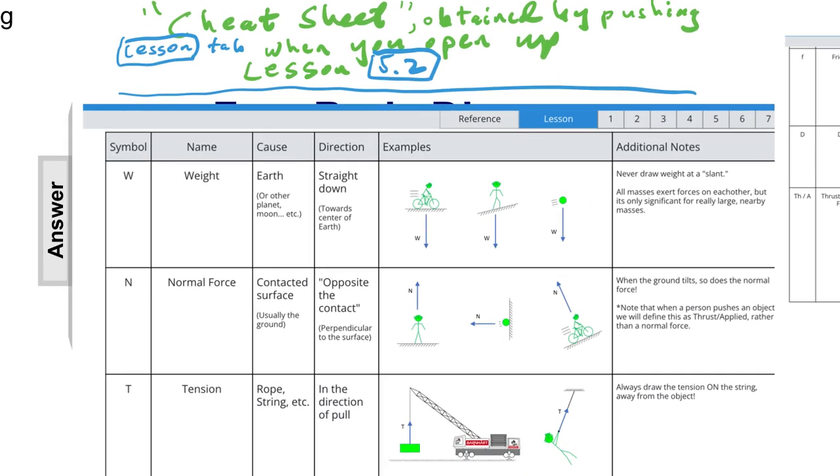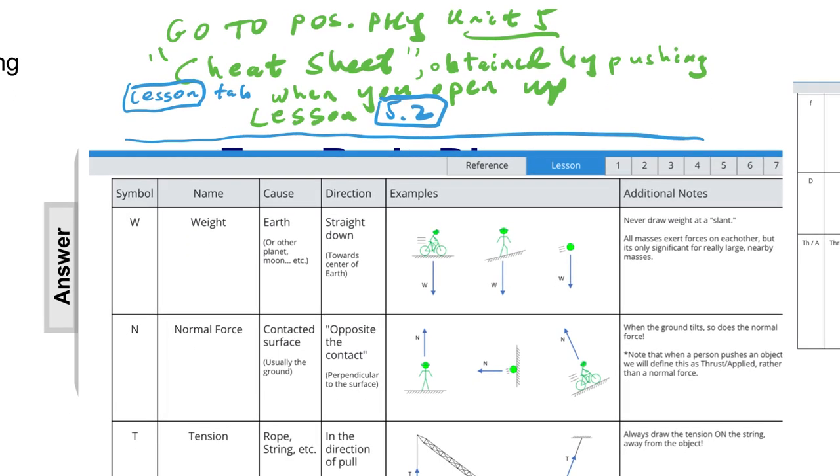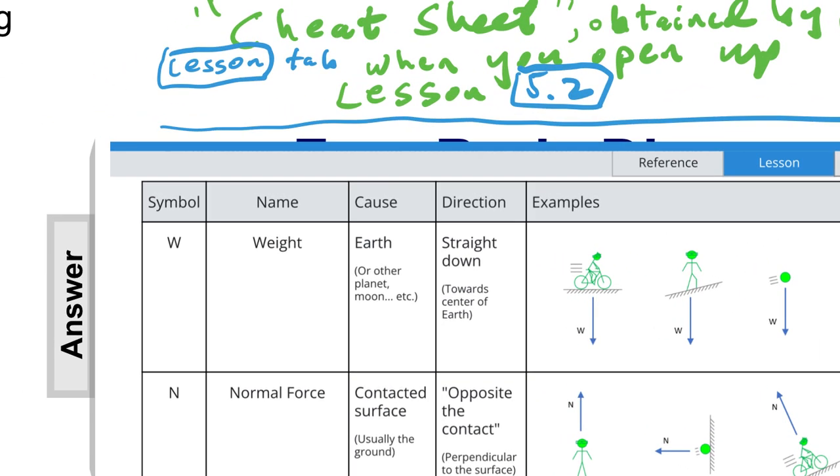Okay, so Positive Physics, Unit 5, has this really nice chart showing all the different kinds of forces you'll encounter, at least in this class. Okay, so we talked about weight.